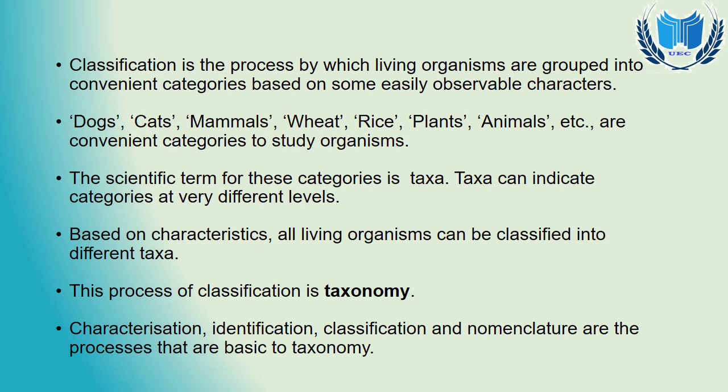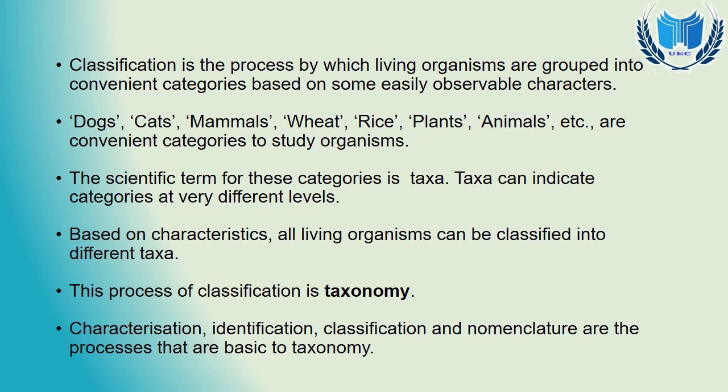In that way they are called observable characters. Like say dogs, cats, mammals. Dogs are put into the mammals category, right? Now what are the mammals? As we have seen, the mammals are those who have hairs on the body. Clear? Then wheat, rice, they are plants. So we classify them into convenient categories to study the organism.